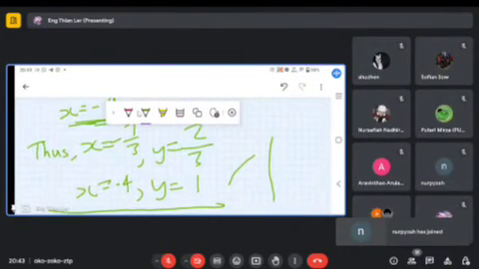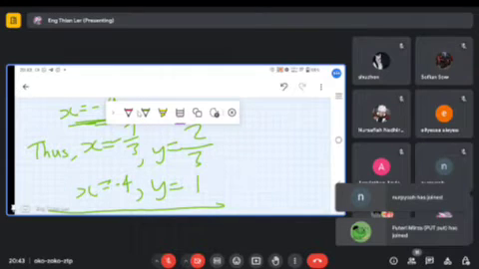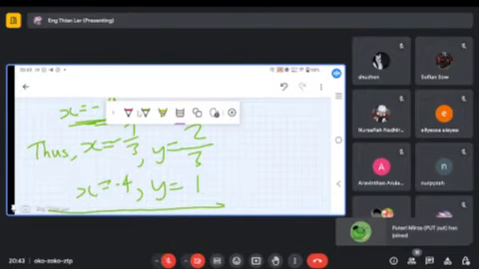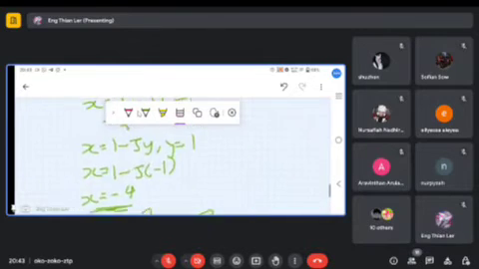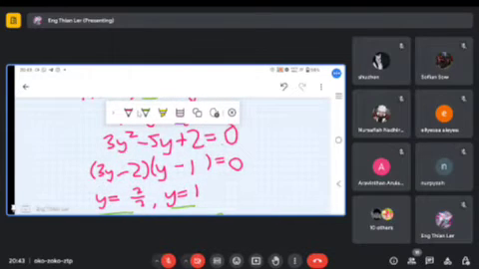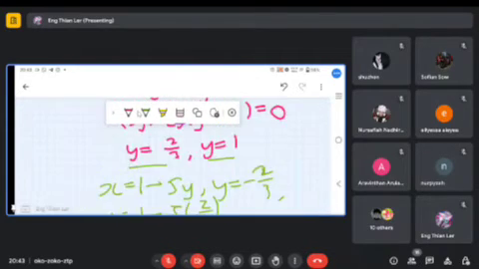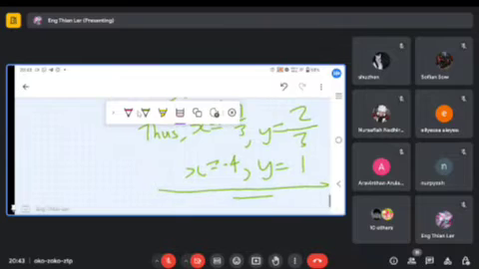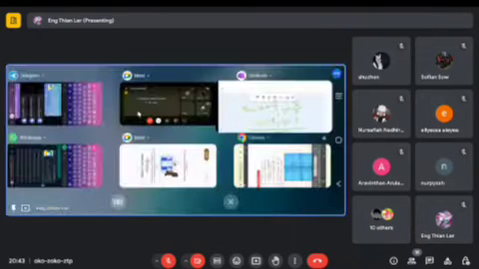Alright, we should get x equal negative 7 over 3, y equal to 2 over 3, and x equal negative 4 and y equal to 1. I somehow made a mistake in the quadratic equation. Sorry. So let's continue to another question.